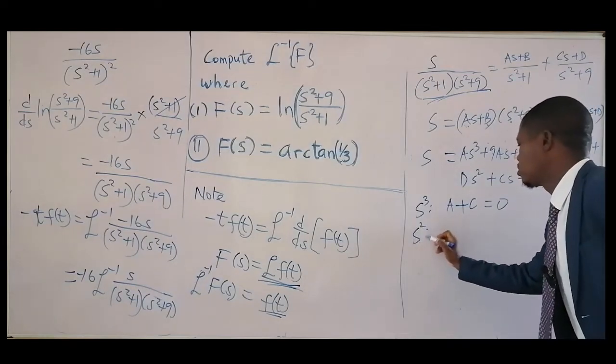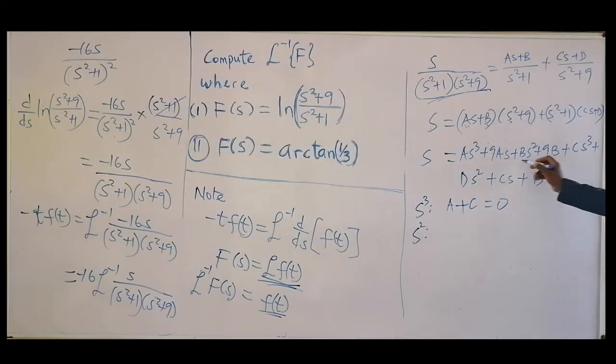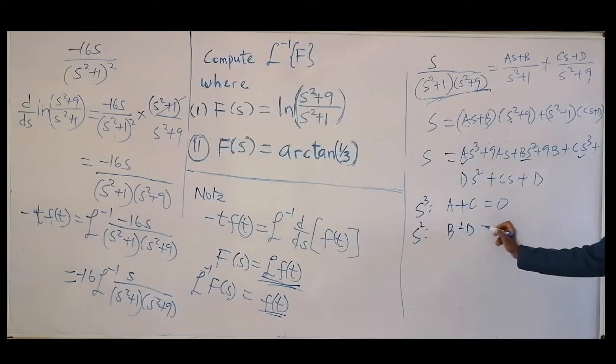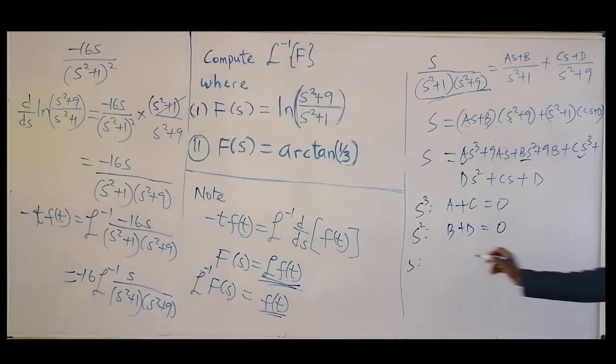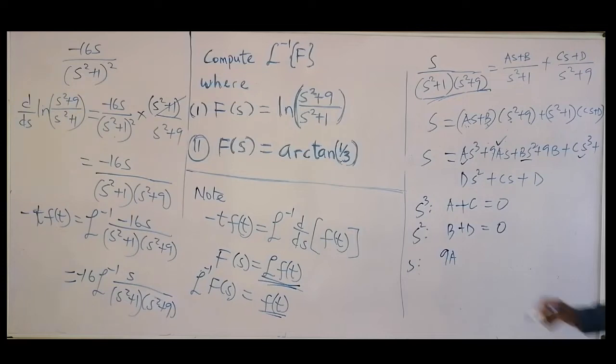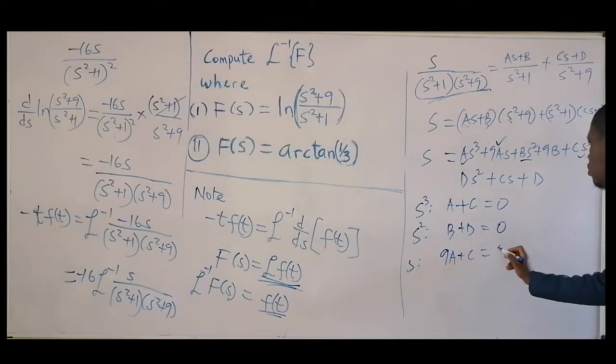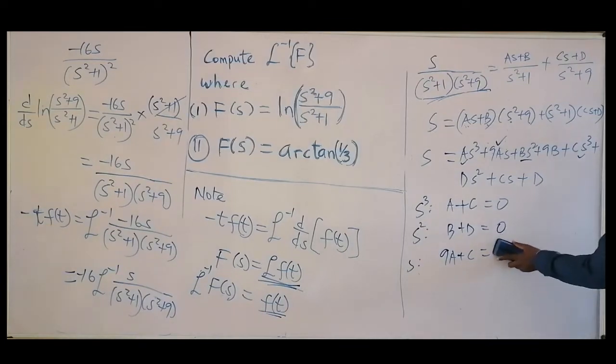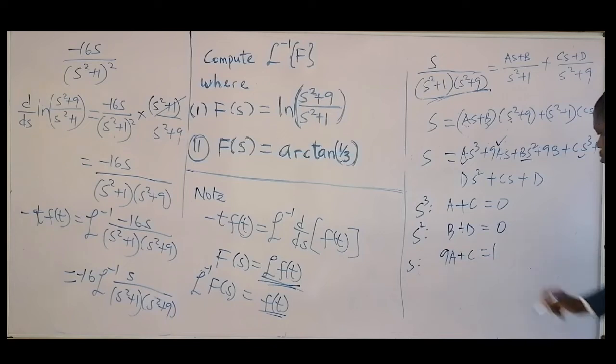The s² coefficient will be b + d = 0, that's equation 2. The coefficient of x will be 9a + c = 1, equation 3. So the coefficient of x here is 1.